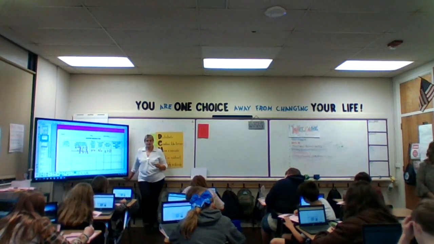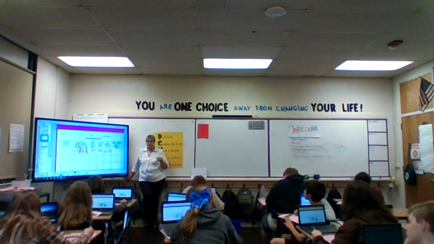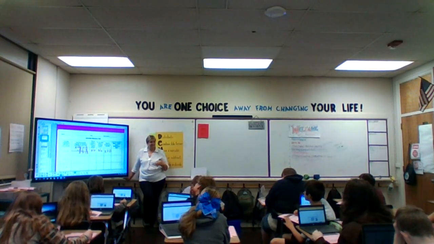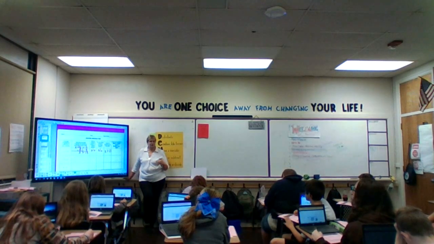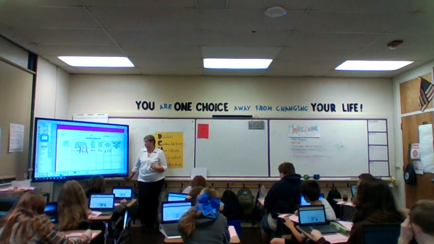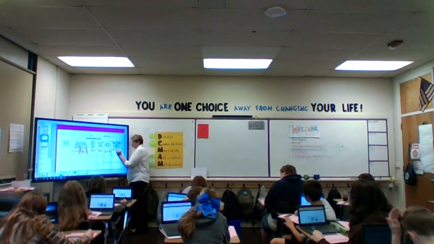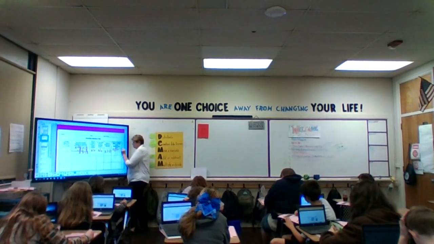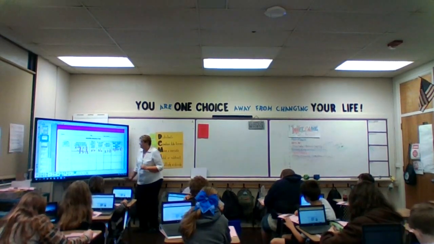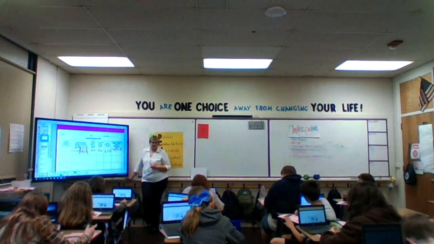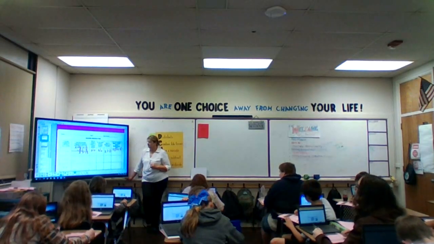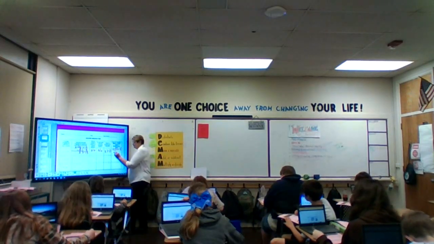And we're going to describe our graph. If we graph this, is it an open or closed circle? It is an open circle, thank you. And is it shaded to the left or to the right? To the right.